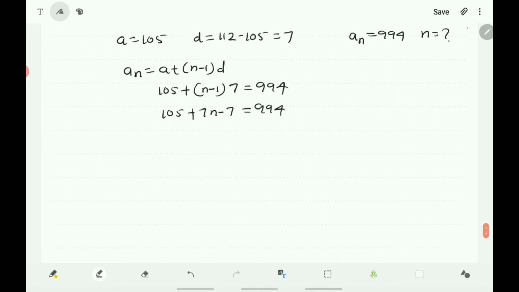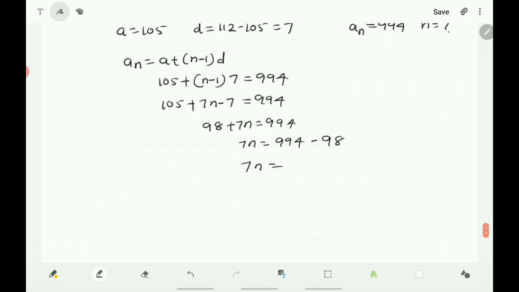Then 105 minus 7, that is 98, plus 7n is equal to 994. 7n is equal to 994 minus 98, that is 896. So n is equal to 896 divided by 7.